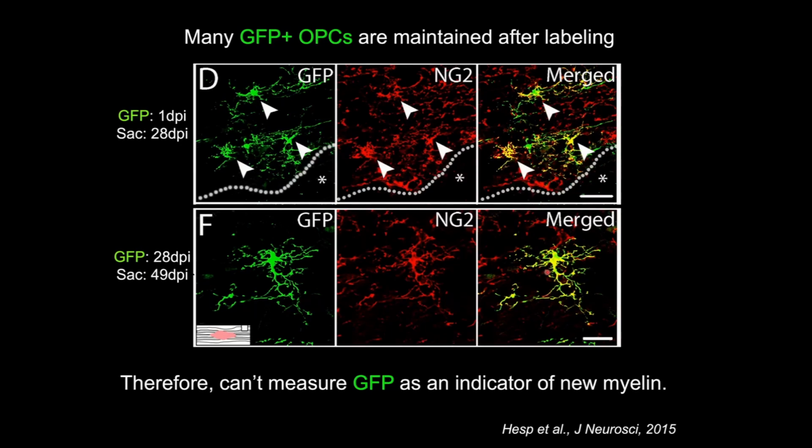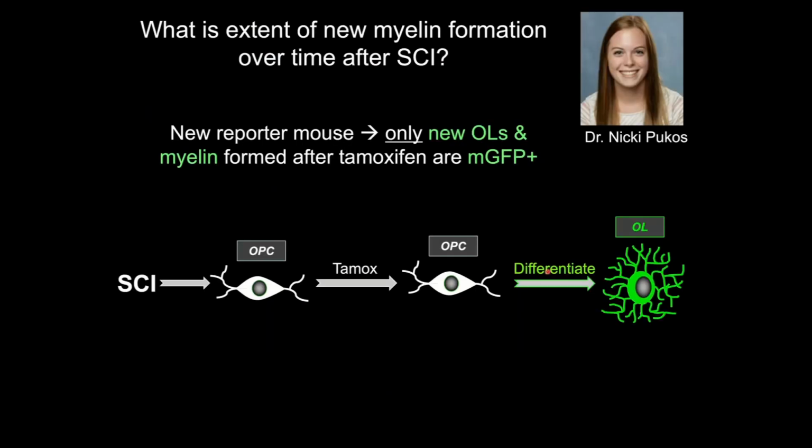But we couldn't really measure or quantify how much new myelin is being formed over time after spinal cord injury. So to get at that question, one of my more recent students, Dr. Nikki Pukos, who graduated just a couple years ago, did a study with a new reporter mouse that we got from Bill Richardson at University College London.